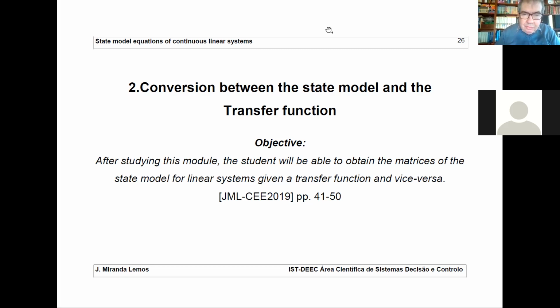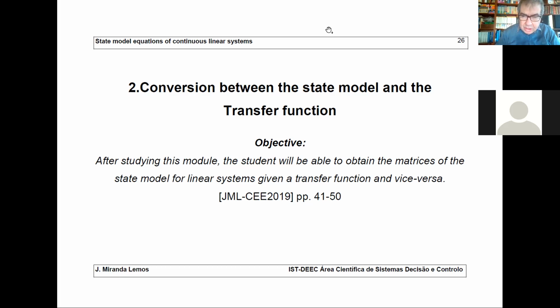Well, if I give you the state model, the transfer function is unique. But the opposite problem, the converse problem, is not unique. The solution is not unique. I can give you a transfer function, and you can give me many different state models with the same transfer function.